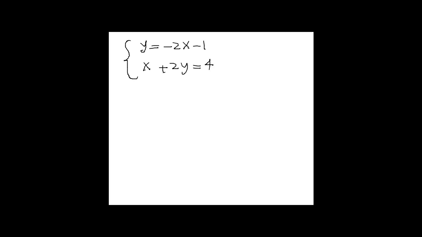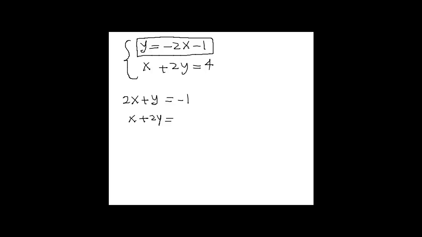The reason we're using the substitution method is because the first equation here is given to us as y in terms of x. Now, this equation could be given to us as 2x plus y equal to minus 1, and the second equation would be the same as before.